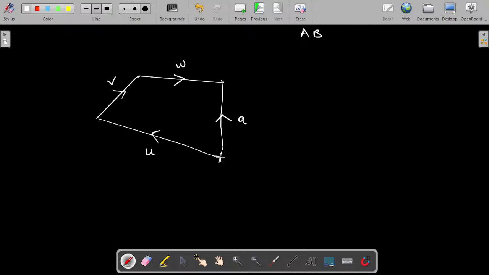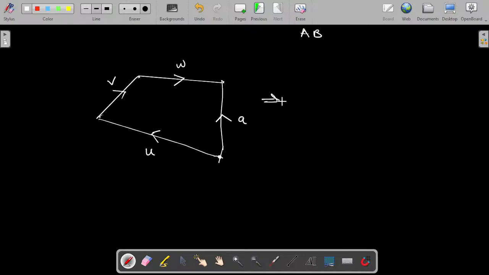You can see that U started the journey. So U moved to this point, and V continued in the same direction, and W continued in the same direction. Now, but A did not continue the direction. A now started from where U started and ended where U ended.